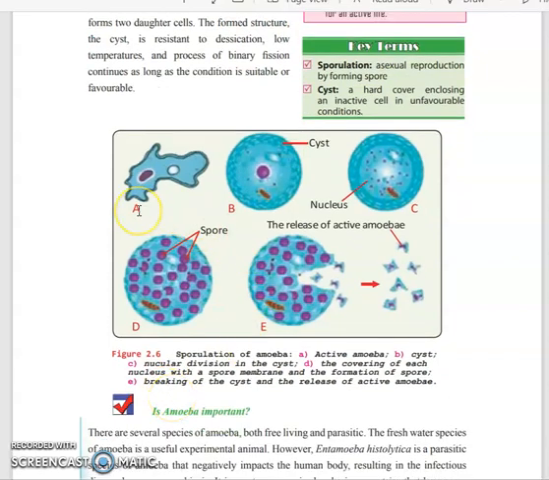In sporulation, we have A, the active amoeba, which is moving, and B, the cyst.